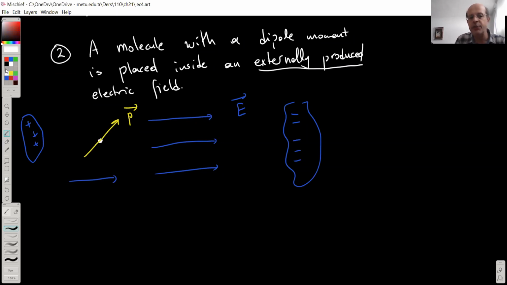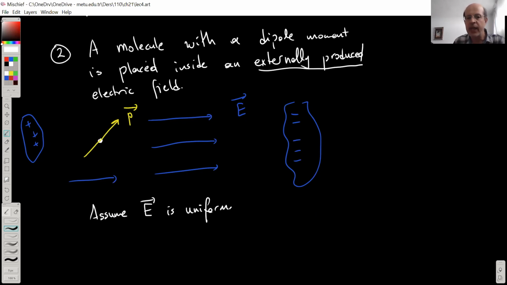So depending on the situation, we have different conclusions. In any case, I'm going to assume that this electric field is uniform, because in the non-uniform case there are some complicating things. So assume E is uniform. I'm going to do everything with these assumptions.